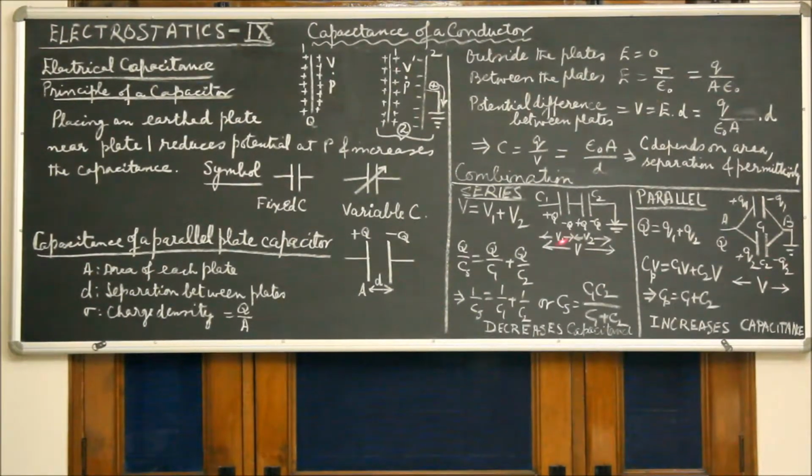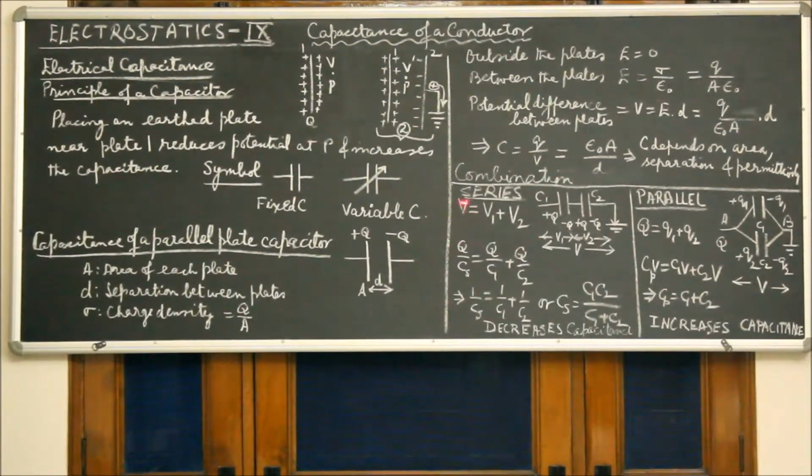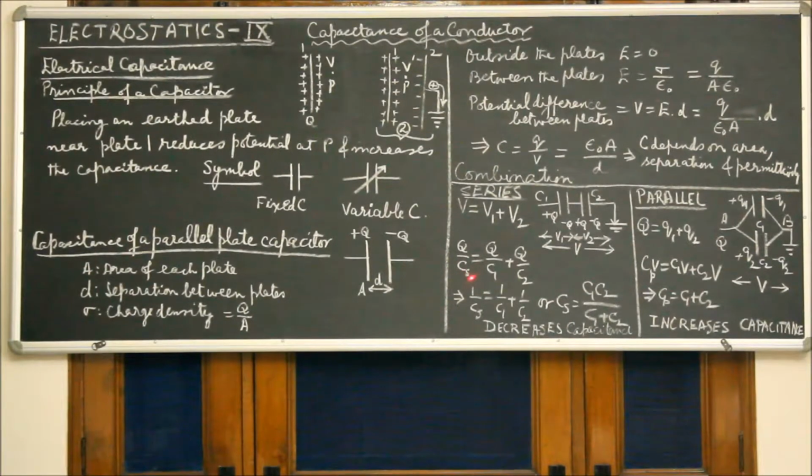From the diagram it's clear that V is divided into two parts, V1 and V2. So likewise you can write V equal to V1 plus V2. The potential difference V can be written as Q over CS. CS is capacitance of the combination of the two capacitors, equal to Q over C1 plus Q over C2.